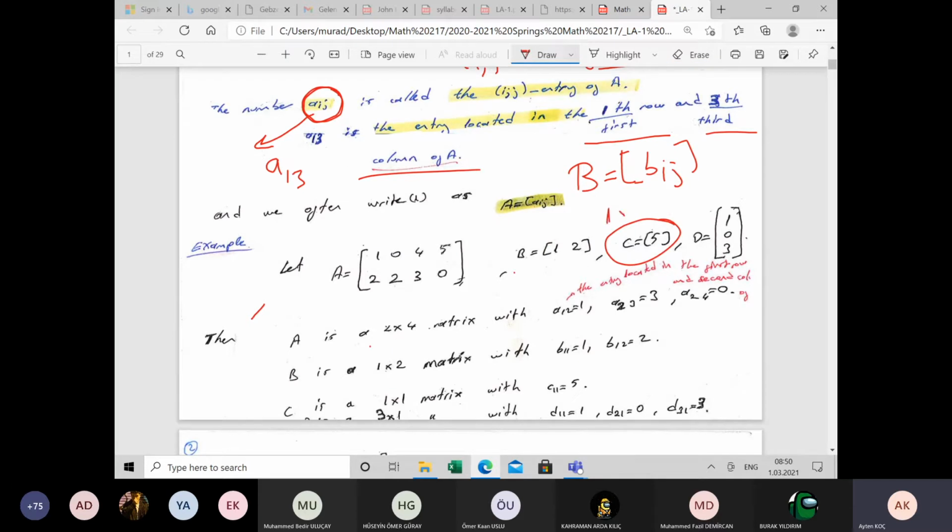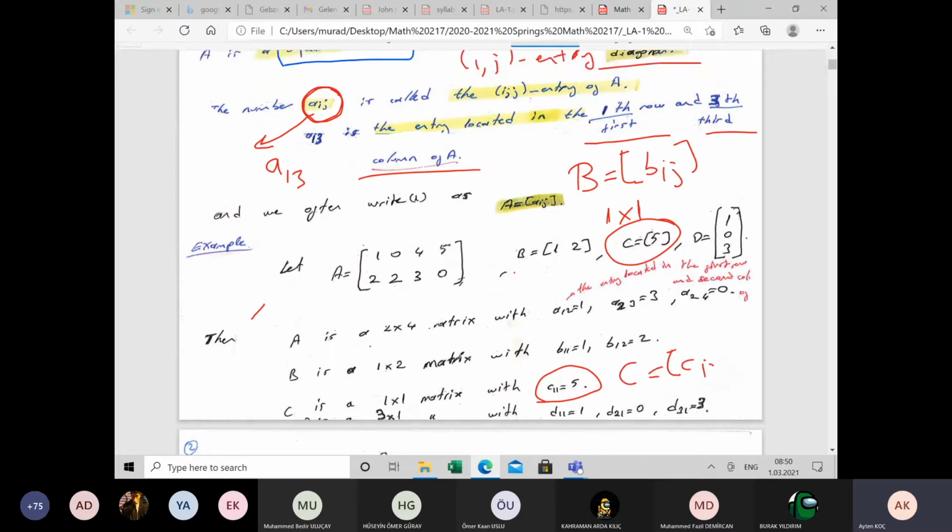It is 1 by 1, because it contains only one row and one column, so C has only one entry, and this entry is 5. What's the notation? C is denoted by Cij, so it contains only one entry, C11 is 5.